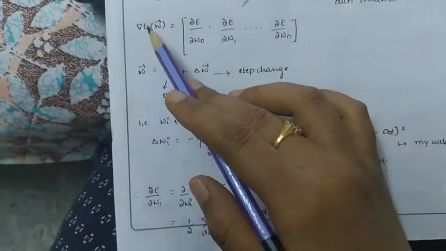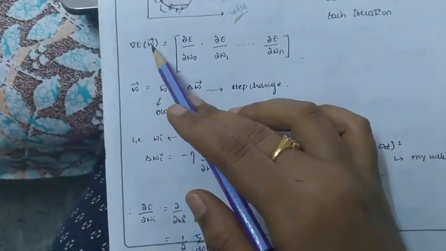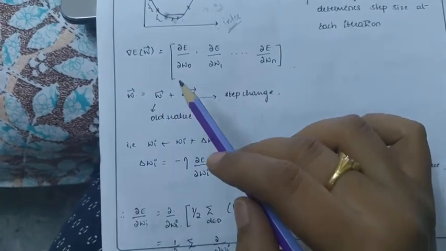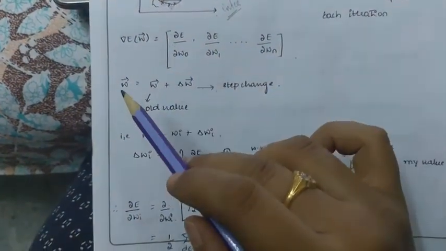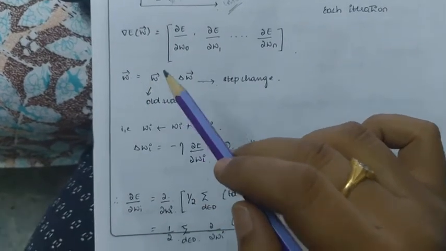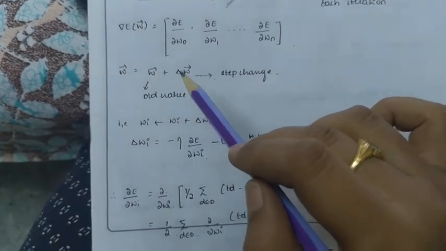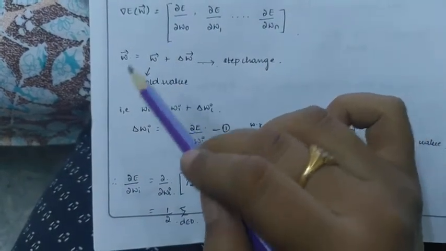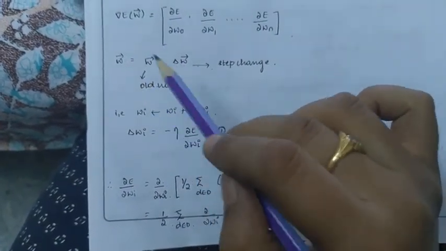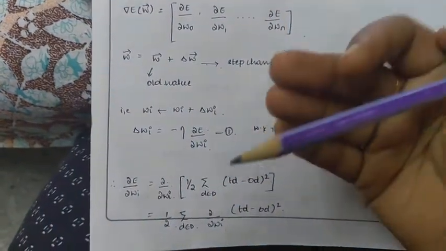Now del of E, that is the partial derivative of the error with respect to each and every weight, is going to be taken. Now what is the weight? The weight vector is equal to W vector plus delta of W vector. The old value is initially a random value.